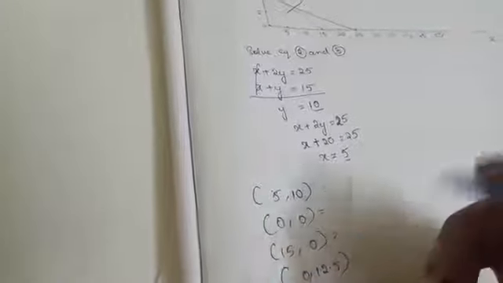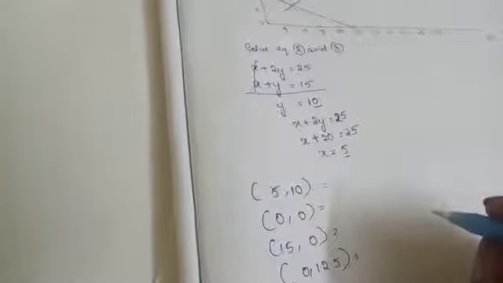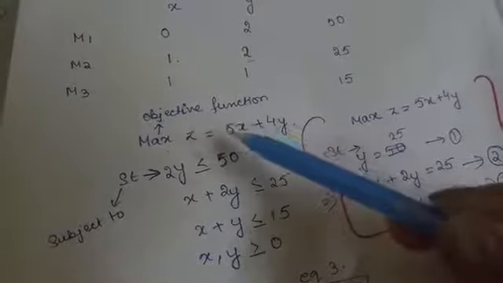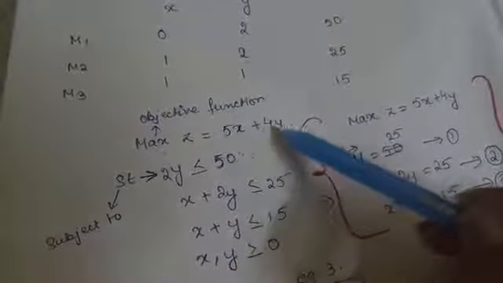So now the objective function was 5x plus 4y. Let's go back first. As you can see here, the objective function is 5x plus 4y. What I'm going to do, I'm going to put those x and those y in this, and I'm going to equate it.